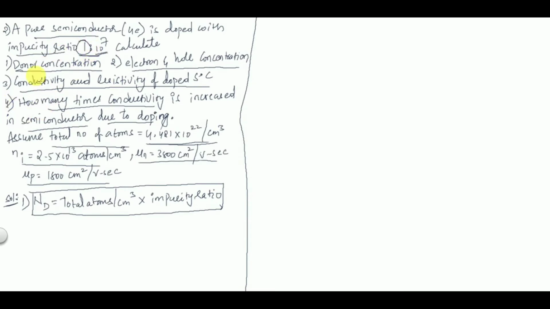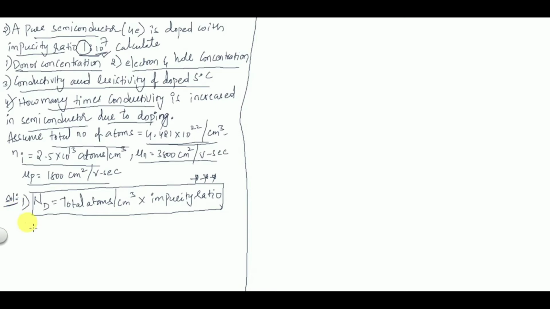So how much total concentration of doping atoms will be there? It is total atoms multiplied by this impurity ratio. So you just remember it as a formula. So ND, that is majority carrier concentration, is equal to total atoms per cubic centimeter multiplied by impurity ratio.